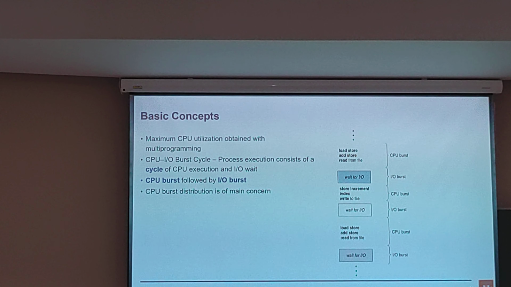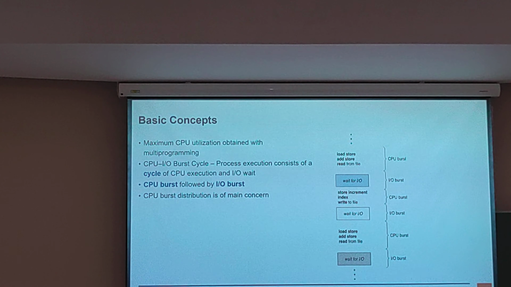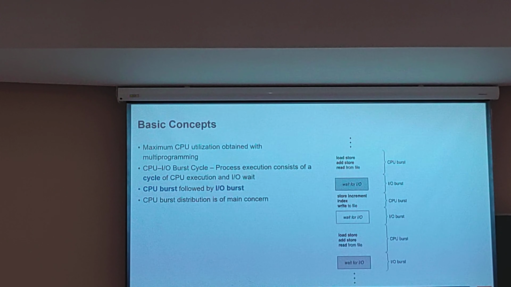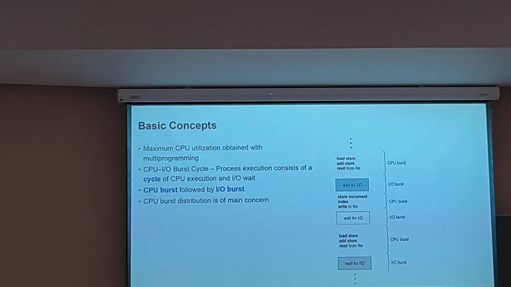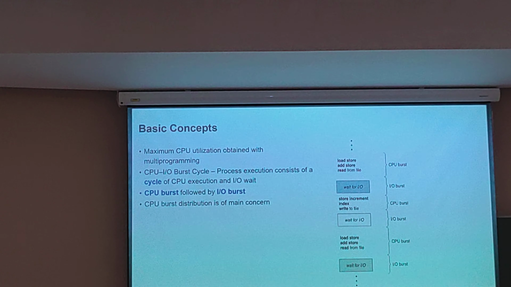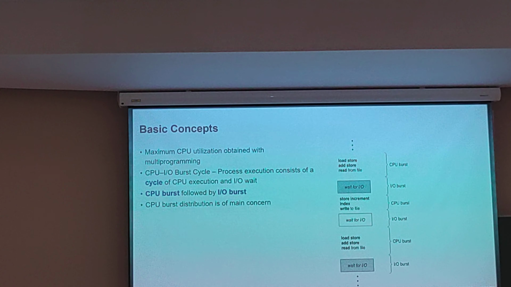The best is to think about this rather from a CPU and I/O cycle principle. And the time it takes in each of these two cycles is what we call a burst. So let's say, for instance, it takes 10 milliseconds for the CPU to do stuff, then that is what we call a 10 millisecond burst.